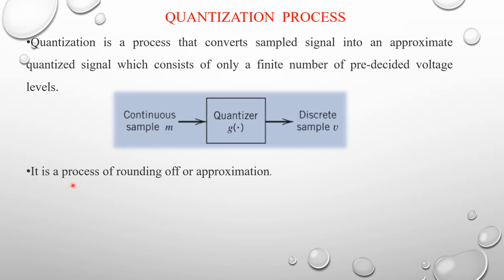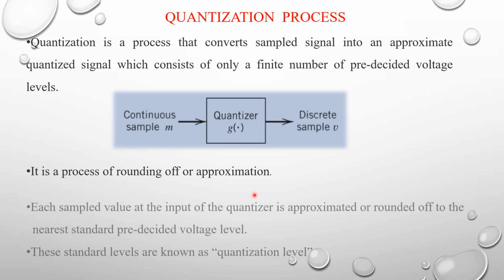Quantization is a process of round-off or approximation. In quantization, each sampled value at the input of the quantizer is approximated or rounded off to the nearest standard pre-decided voltage level. These standard levels are known as quantization levels.